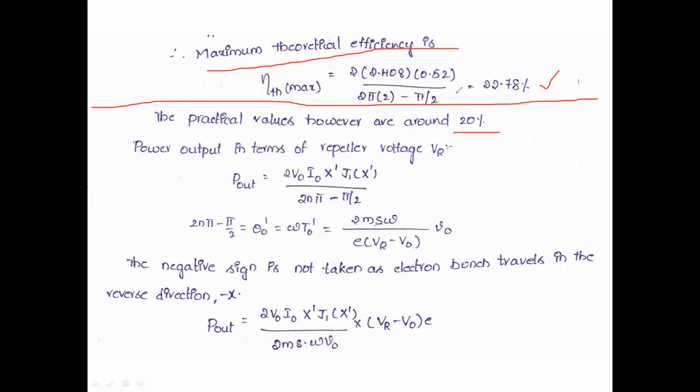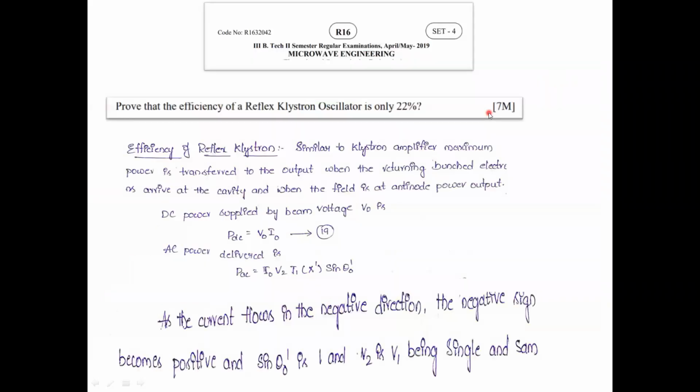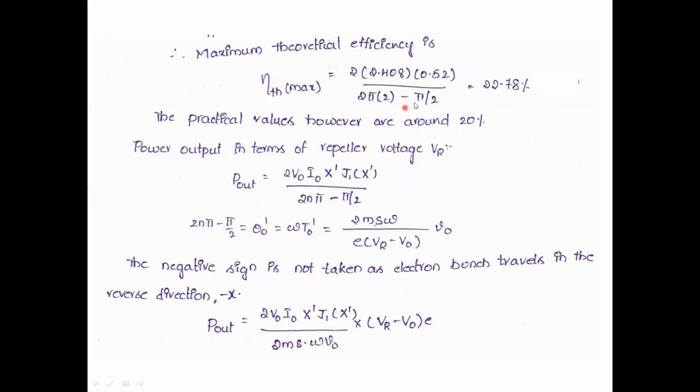Hence verified the efficiency equals 22.78. That is the previous semester examination question: prove the efficiency of reflex klystron. So 22%. This is the proof for efficiency of reflex klystron.